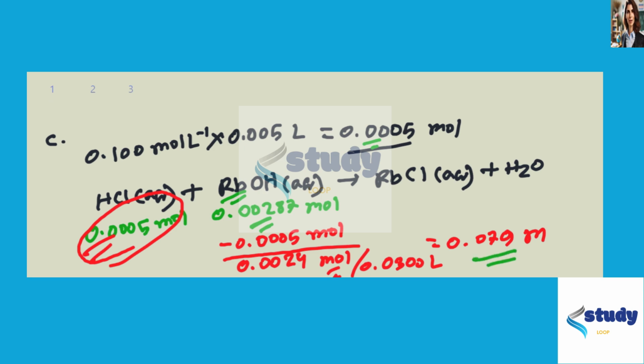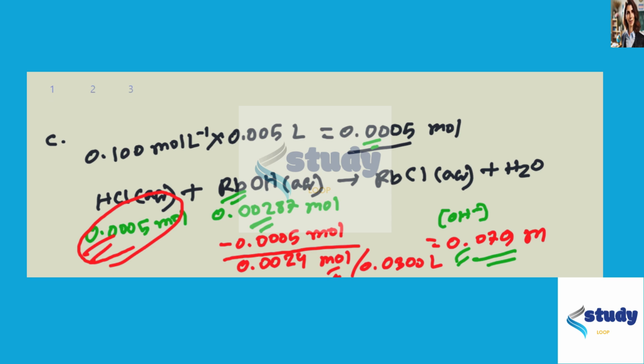And again, since RbOH is a strong base, that means the concentration of RbOH is basically the concentration of OH minus ion. So this is the concentration of OH minus ion after the addition of 5 ml HCl.